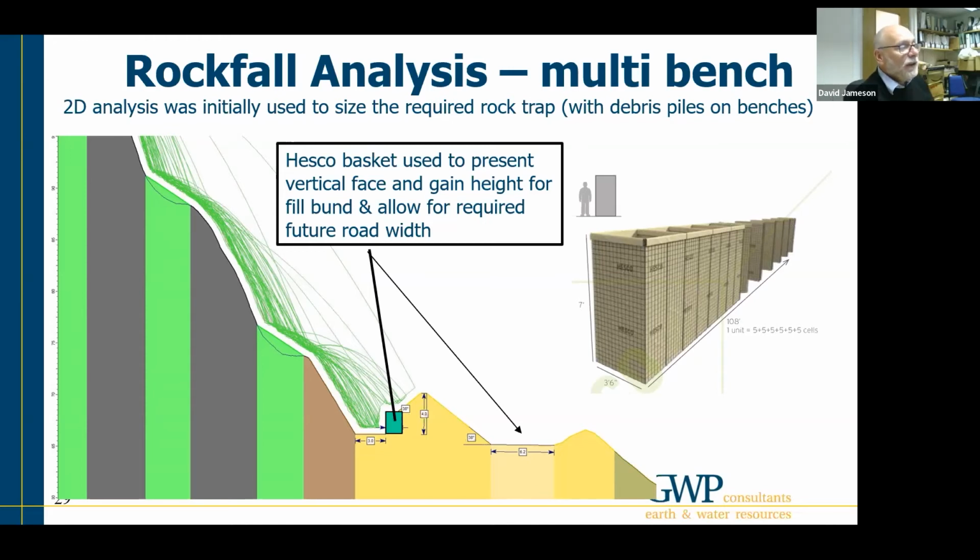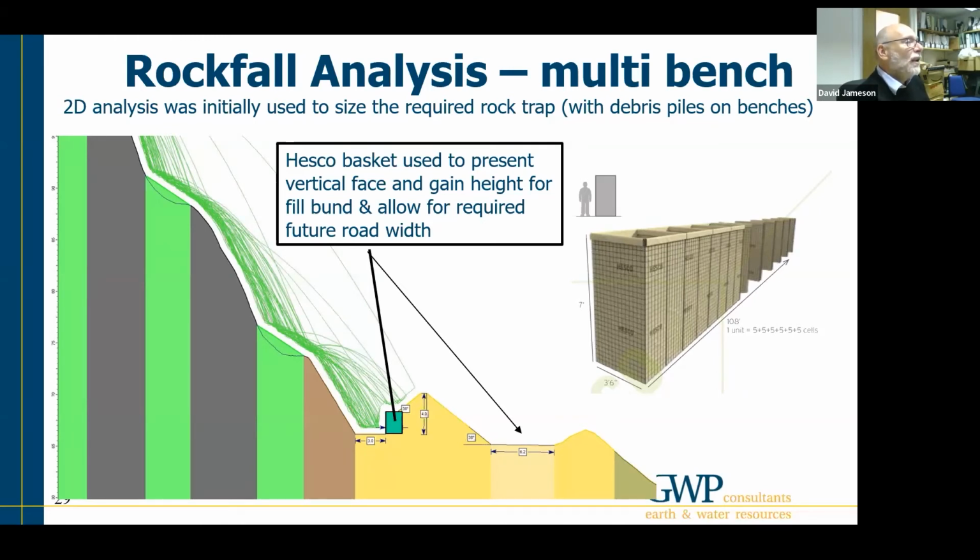Not only that, we found that in order to maintain the access road, you would have to have quite a steep inner face on your rock trap. In order to maintain the road width, you need to reduce the rock trap width to as narrow as possible, which meant the ultimate design was a combination of gabion baskets and materials placed on top, which would be energy absorbent as well.